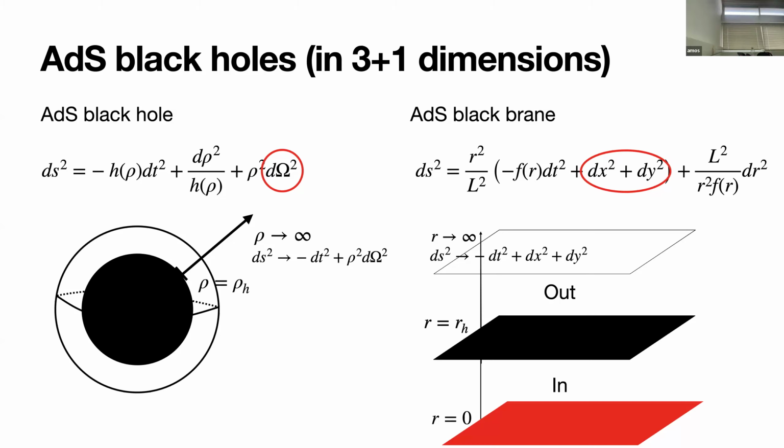So the metrics, they coincide locally. Pardon? The two metrics are the same locally, right? Only the global structure. No, what do you mean? Are you saying they're the same locally or not the same locally? The same. No, they're not the same locally.